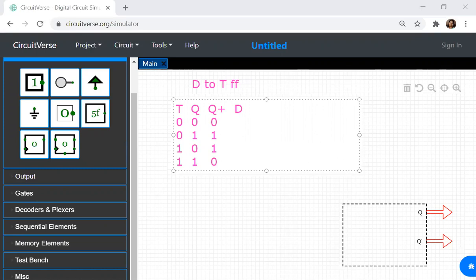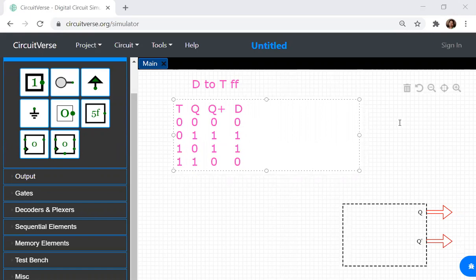Now what about D? You know already D and Q plus both will be equal. Whatever is your output Q plus, the same thing will be your D. So it is 0, 1, 1 and 0.